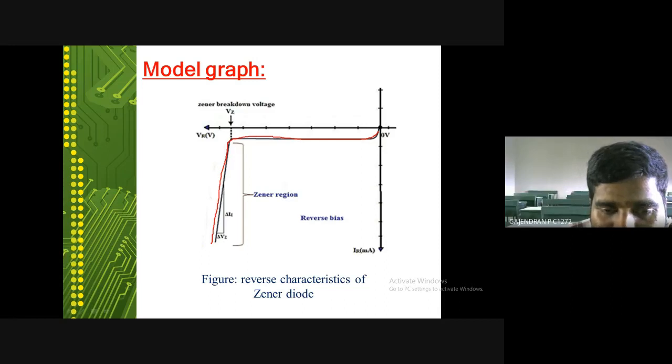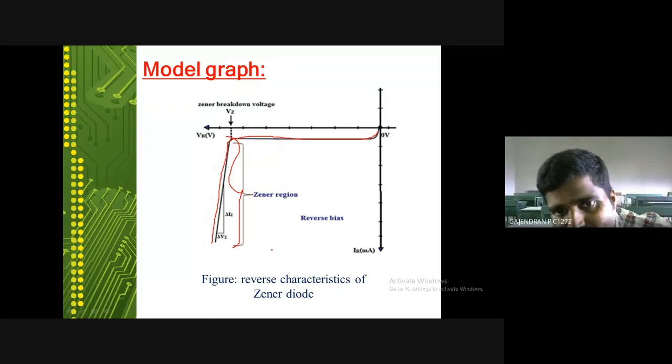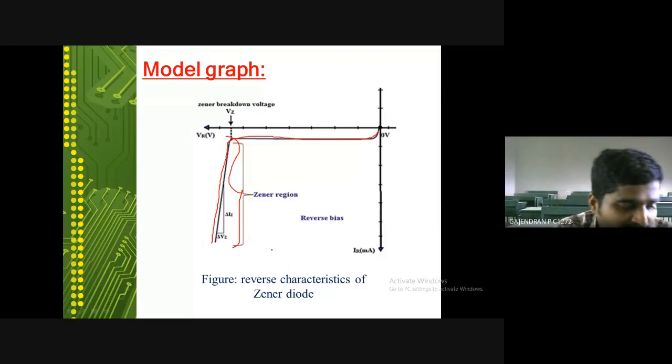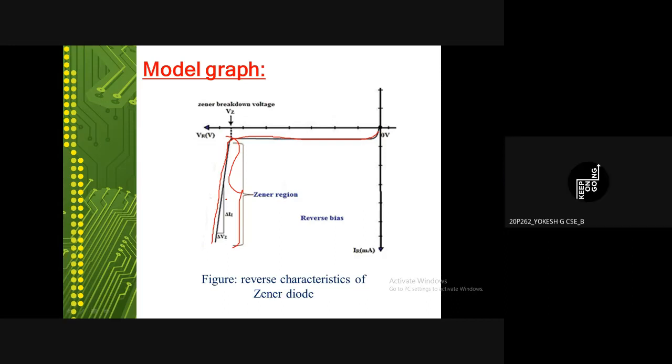Can anyone tell me why we are operating in this particular region? Why not the PN junction diode? Why does the PN junction diode not operate in this region, while we operate the Zener diode here? Because we have specifically designed it to do this.